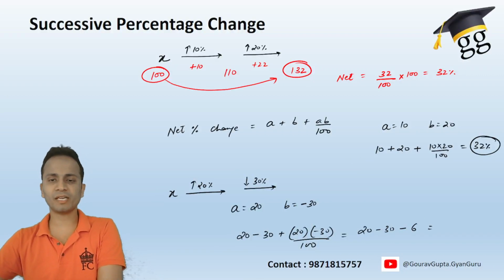Okay, अब सिंप्लीफाई करेंगे, so it will come out to be -16%.